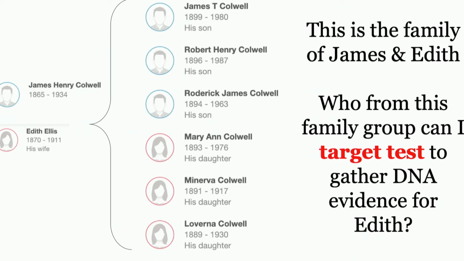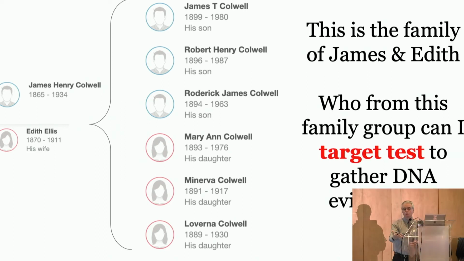But if I can contact other people that are interested in this family, for example, they have a tree up that has this family, or they're posting on message boards and things like that, this is identifying other people that have made themselves known through this, and I can contact them and ask if they're interested in doing DNA testing and potentially adding that DNA evidence onto this particular line.